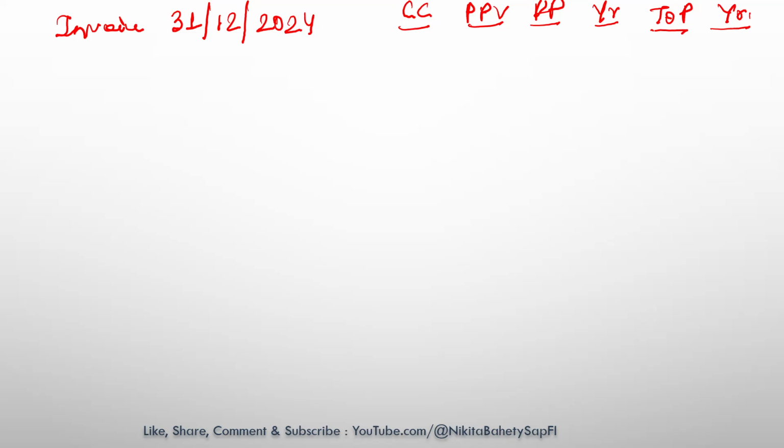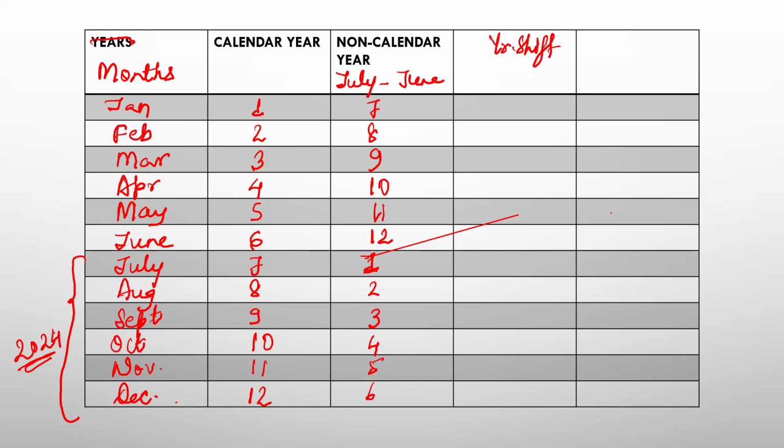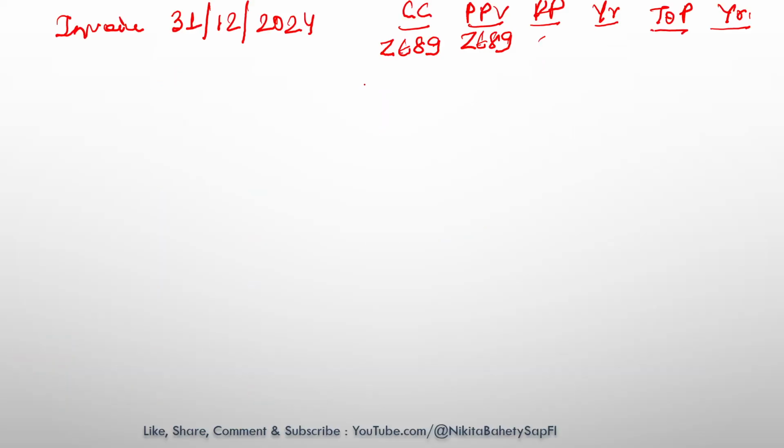Taking the example of Z Entertainment, the posting period variant is the same, ZE89, which I have configured. Now, if we are following July to June, December is the sixth period, right? So period six needs to be open, and the year will be 2024.